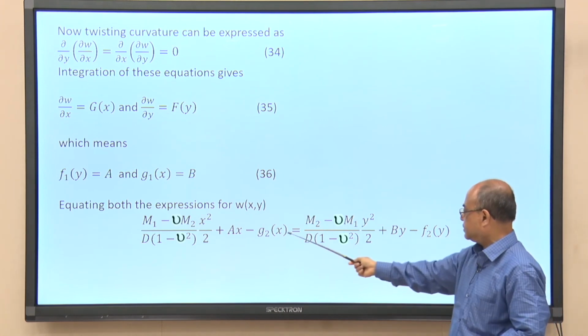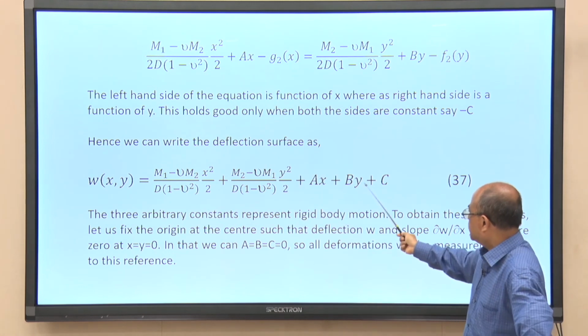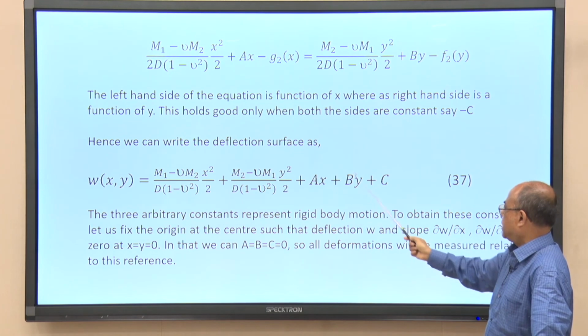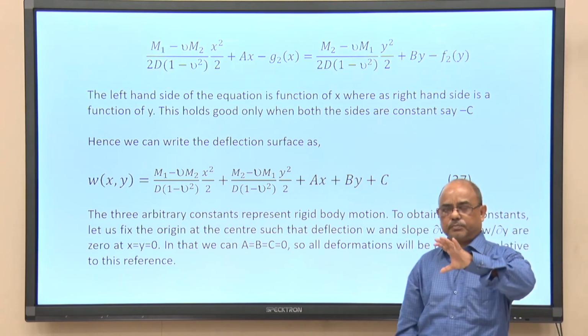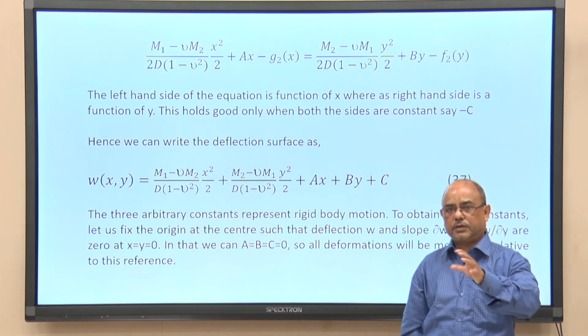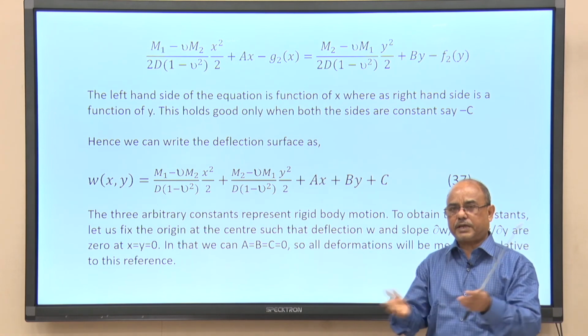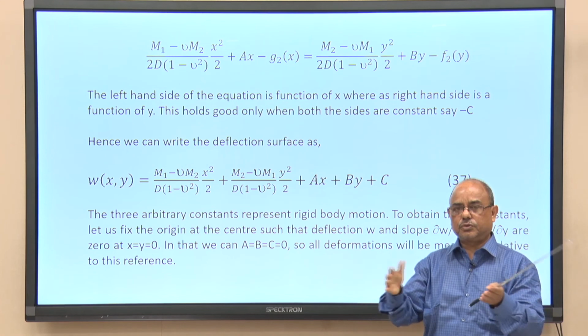So, if I add a constant to the first equation, we get this. Now, these three arbitrary constants a, b, c have to be evaluated based on the prescribed conditions at the boundary, or because here boundary conditions are not specified, it is just a plate on which the moments are applied, that is in the boundary condition we know the moments.